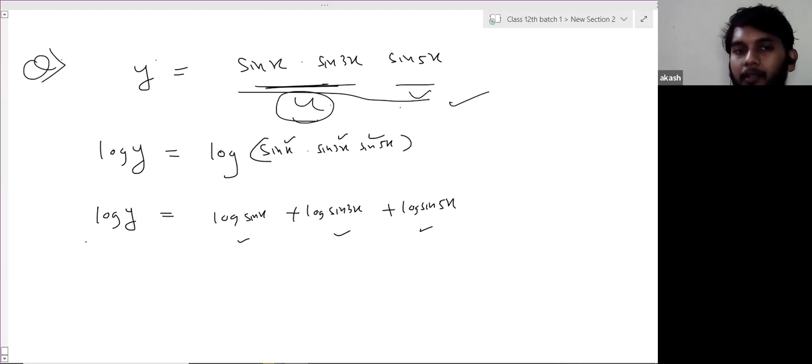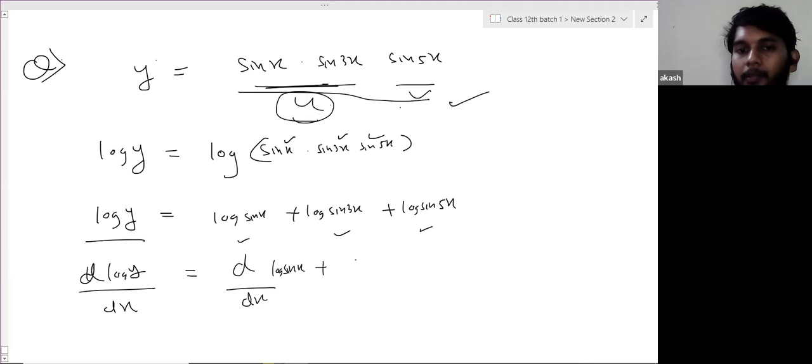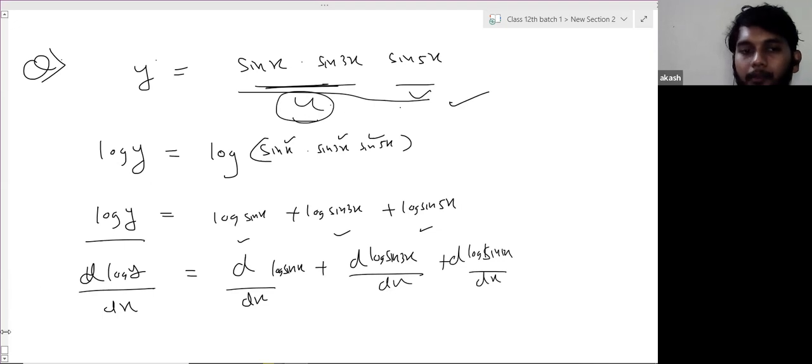Now we can differentiate. Differentiation of this will be d log y by dx, and differentiation of log of sine x plus differentiation of log of sine 3x plus differentiation of log of sine 5x upon dx.